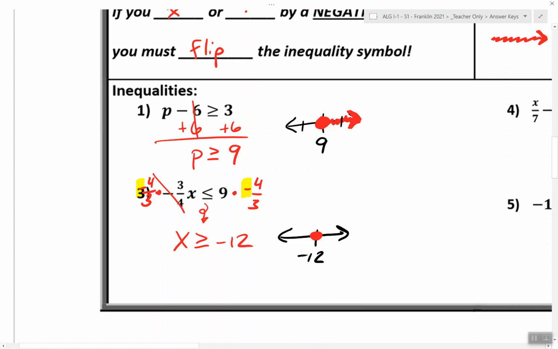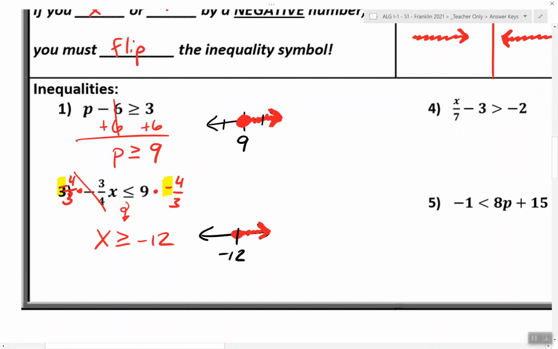And it is going to shade to the right, all the numbers greater than negative 12. Now here's where you want to be careful if you're putting other numbers on the graph, because remember, negatives work the opposite as positive numbers, so your number to the right would be negative 11. We're going towards 0 to the right, so just be careful. If you're not sure, just put negative 12 on there and graph it, and don't worry about the other numbers.